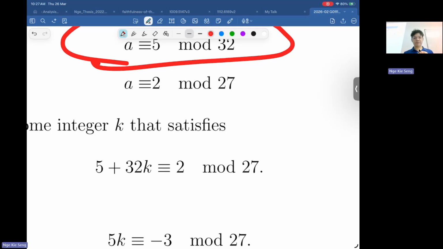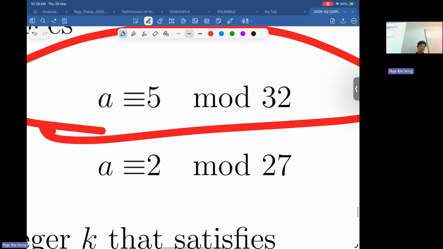Some of you gave 515 because you used 3 instead of 2, I think. So 500 something, 600 works, and 5 works. Depending on what congruence you consider here, if you use 5 and 3, you reach 500 something.